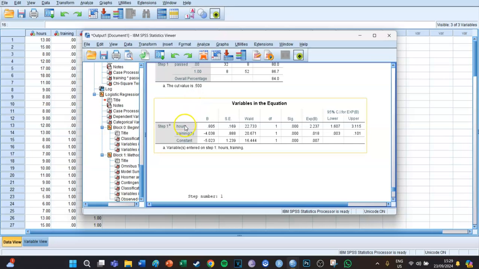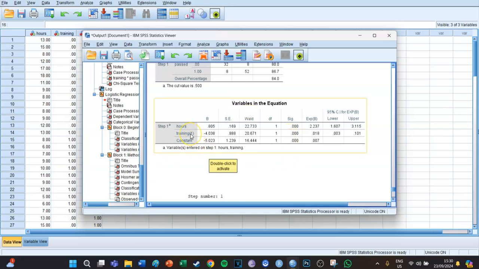And if you take a look at hours, you can leave the slope as it is, because we mostly look at the beta, and the beta for hours is 2.237, and it is significant, so that means that hours has a significant influence on whether you passed or not, which is logical, because if you study more for a test, you will pass it earlier. With a beta of 2.237 and a significance level of lower than 0.01.